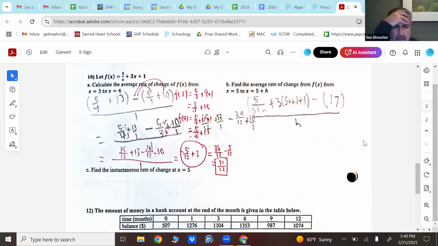Yeah, it's with the minus. Find the LCD.